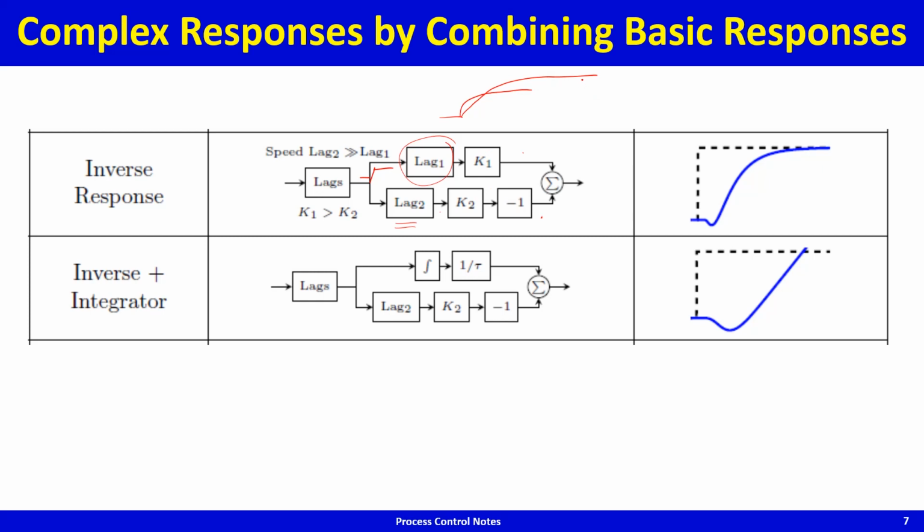K1 is greater than K2, so this is K1, this is K2. So now imagine you flip this signal. If you flip this signal, what you have is a slow lag going up like this, summed with a fast lag that goes like this. So the net response when you add these two signals would be, you go down a bit and then you go up.